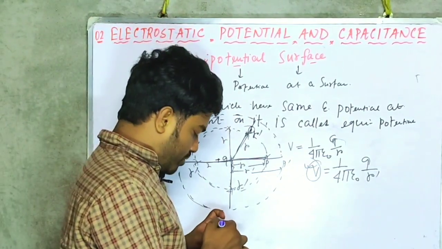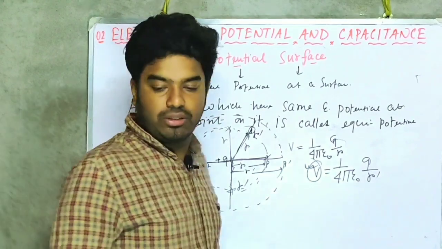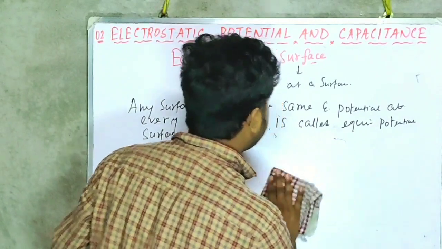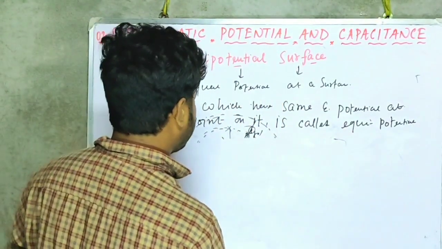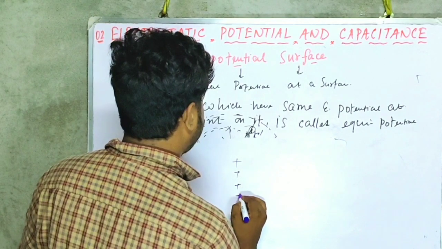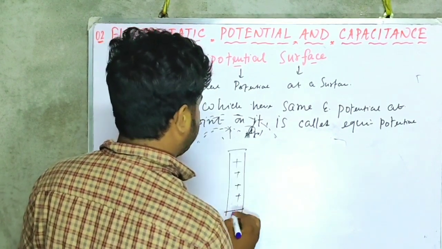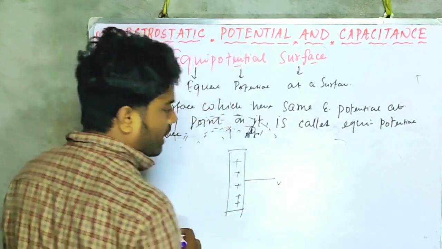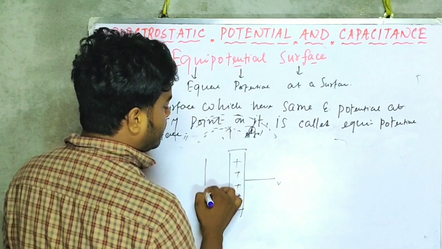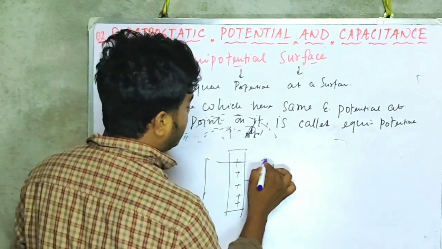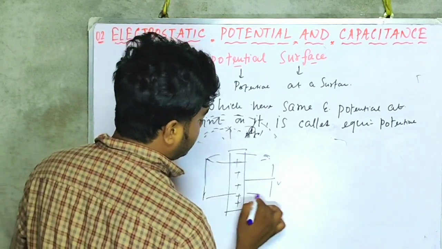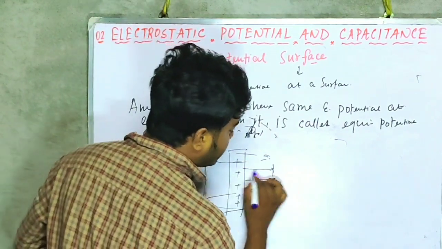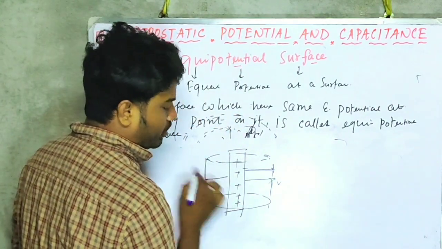Now for a linear charge, what will be the equipotential surface? Consider a plus linear charge, and calculate electric field or electric potential here. If I draw a cylindrical shape, at this point the potential is the same, at this point the potential is the same, because this separation is the same.